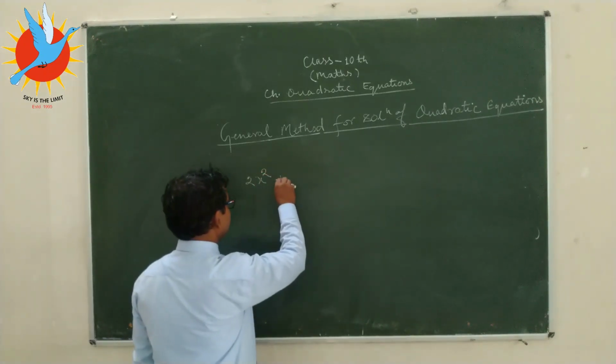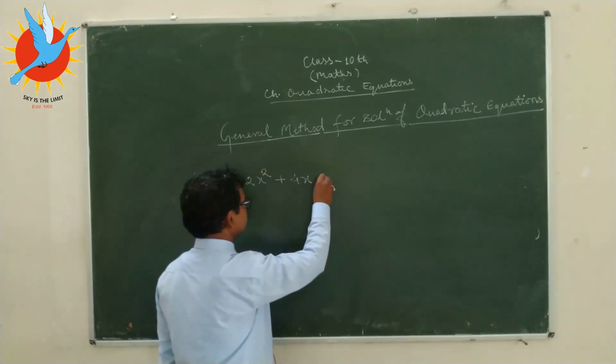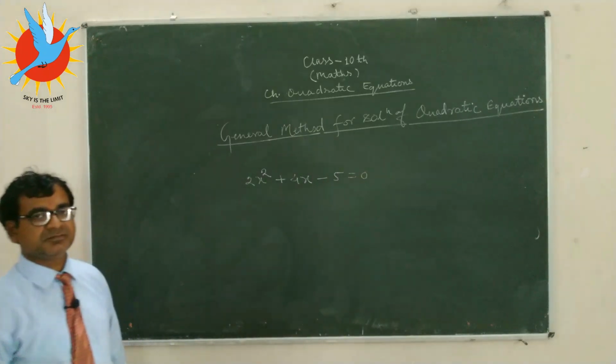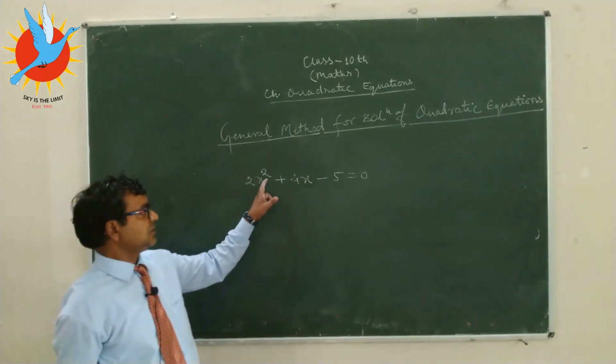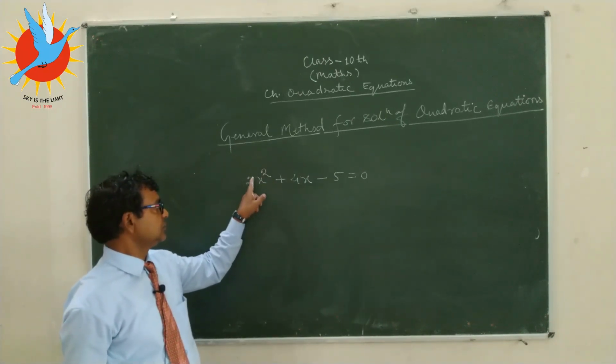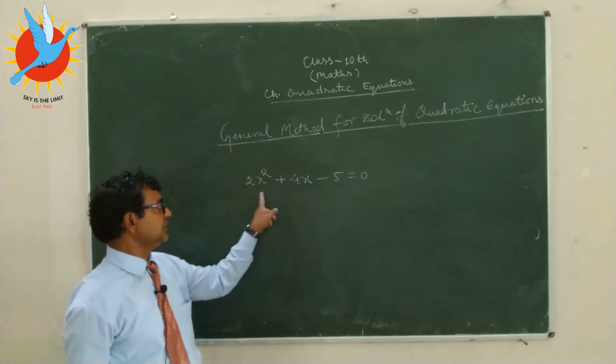Now take 2x square plus 4x minus 5 equal to 0. Here the coefficient of the leading term, that is x square, is 2. This is the coefficient and this is the leading term.